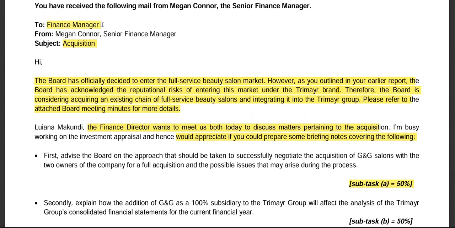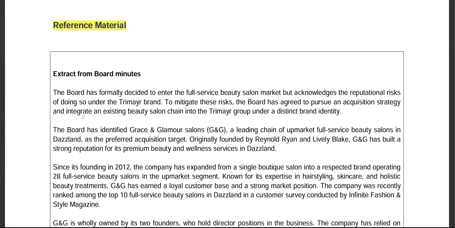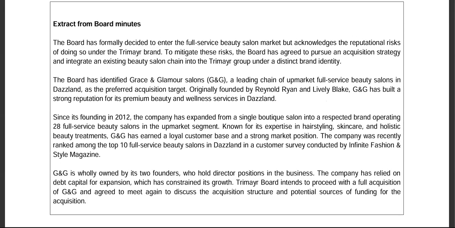And if you say reference material or if you say task, then you are not actually showing an understanding that you are employed in a simulated work environment. So please note those differences. Of course, such issues are always pointed out in the feedback, so I'm sure you would have been able to address those. All right, let's read through the reference material to understand the background.